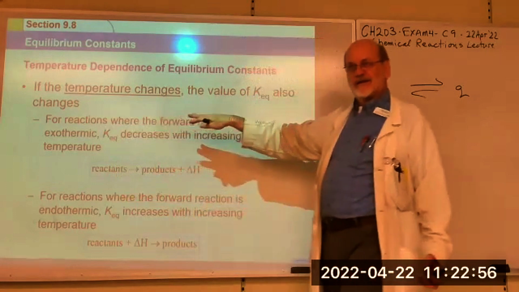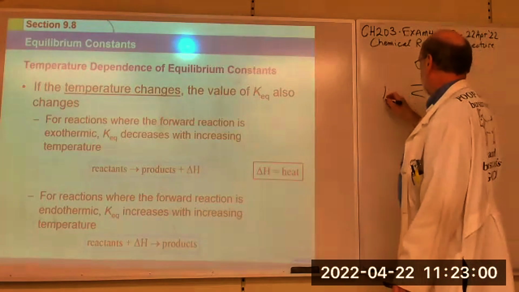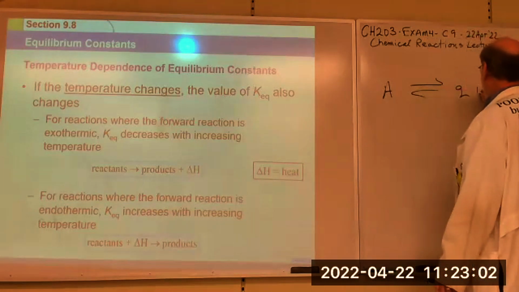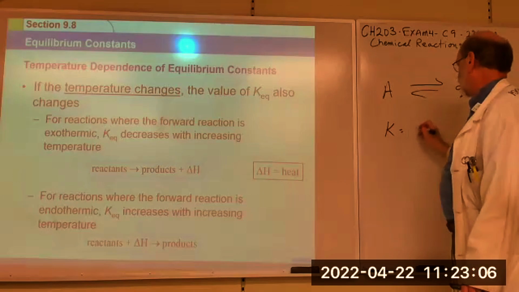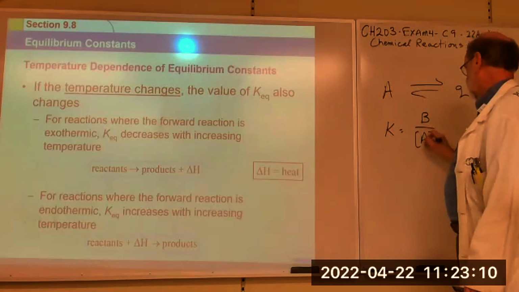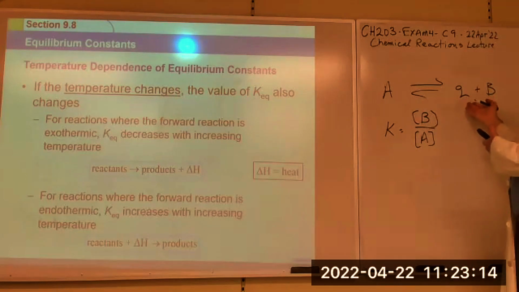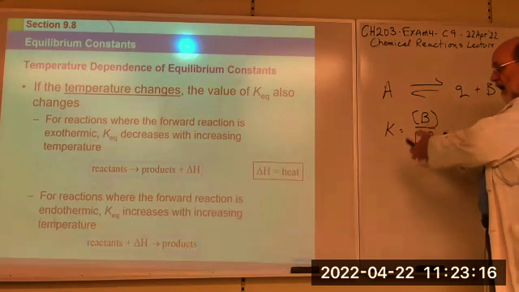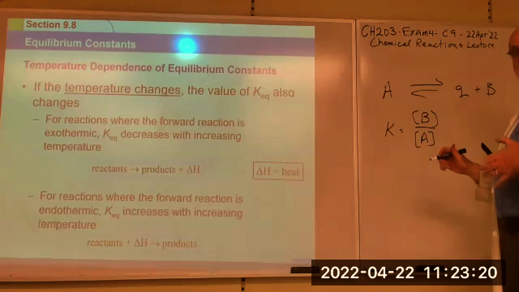Okay? Should I say that again? Okay. If we have reactants over here and products over here, then your K expression would be B over A. Okay? And the heat term is not part of the equilibrium, but it does have an impact.